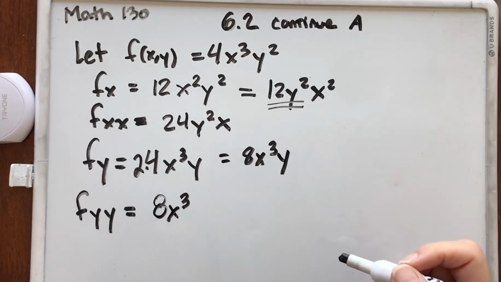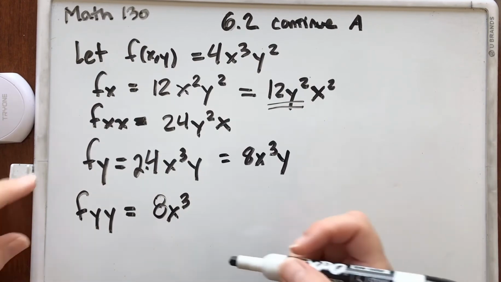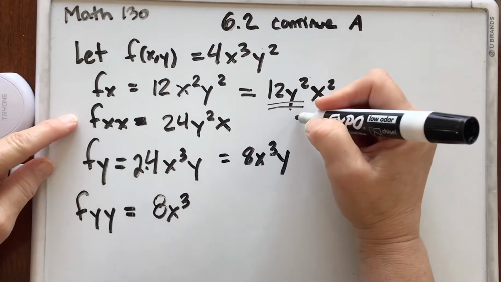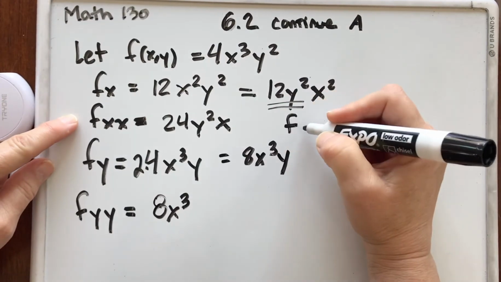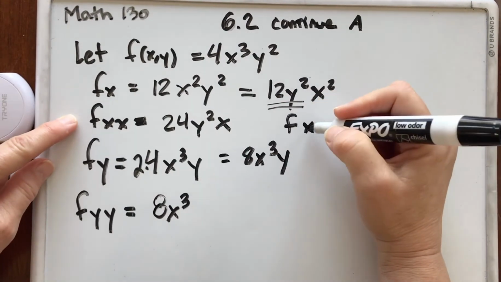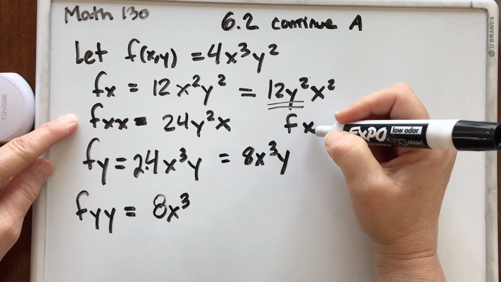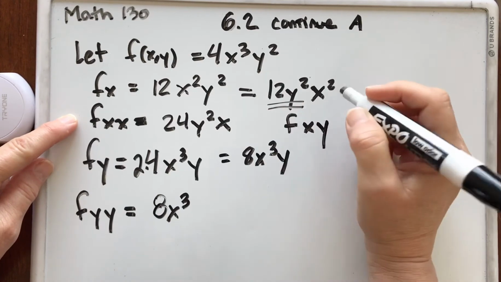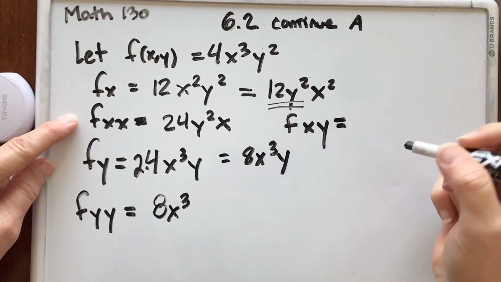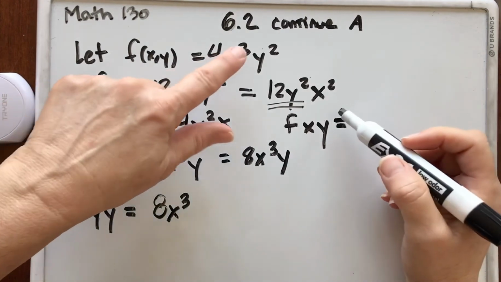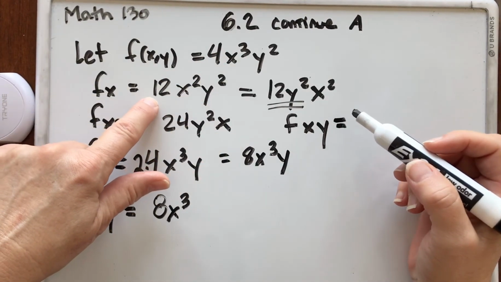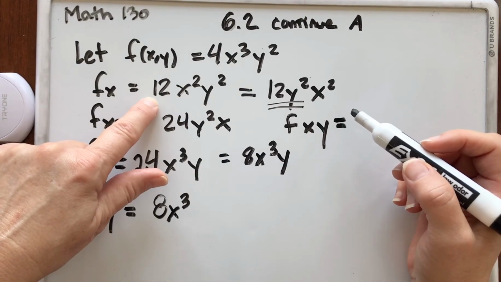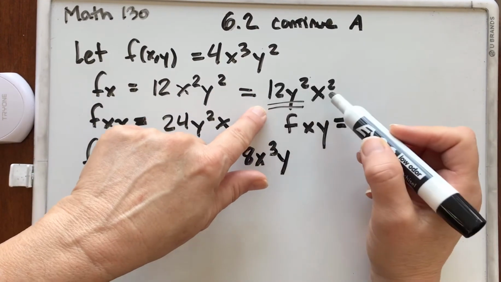Okay, now we can go further than this, all right? I'm going to put this right here: we do the partial of f first with respect to x, and then we do the partial with respect to y. We know the partial with respect to x is 12x squared y squared, but then I moved it over here.